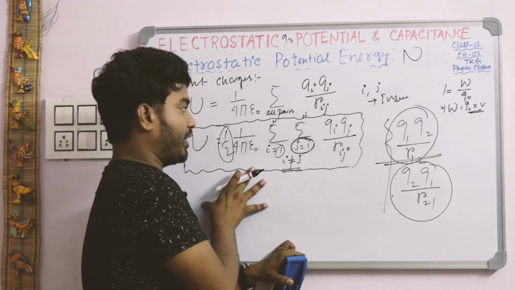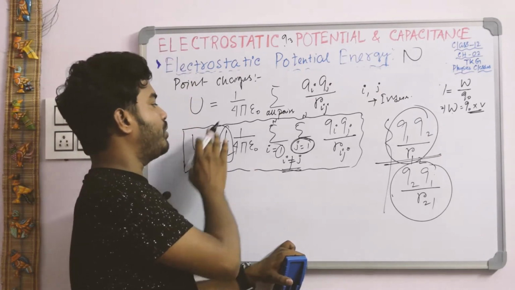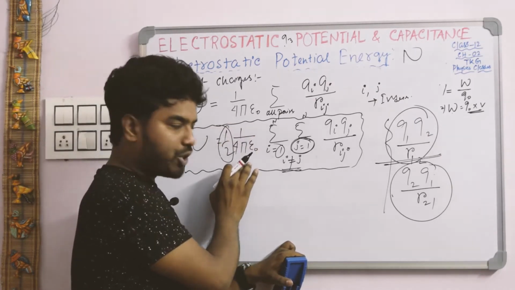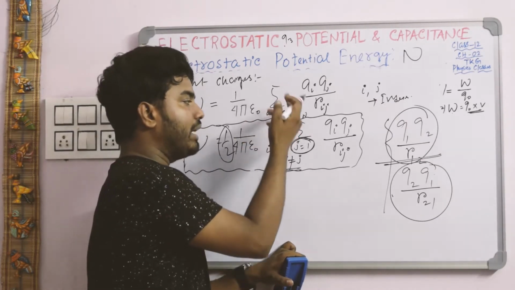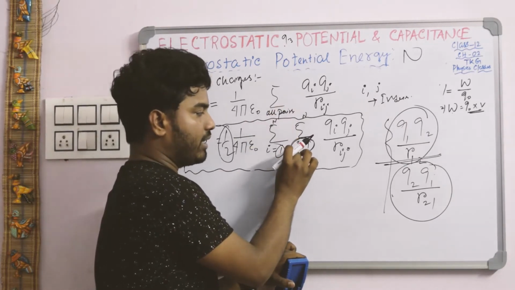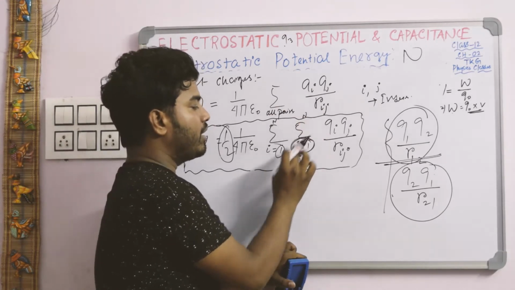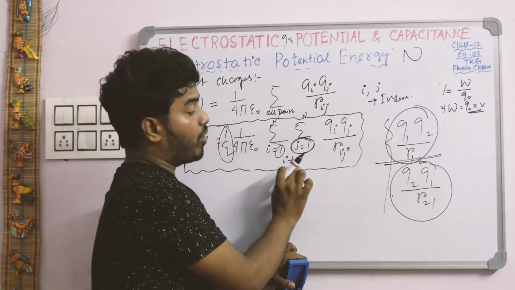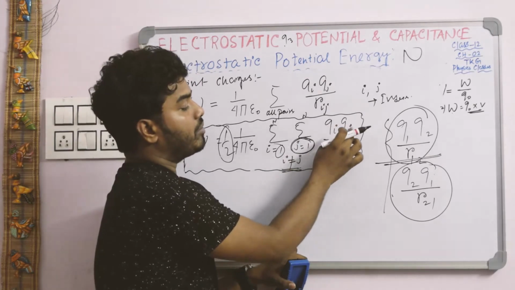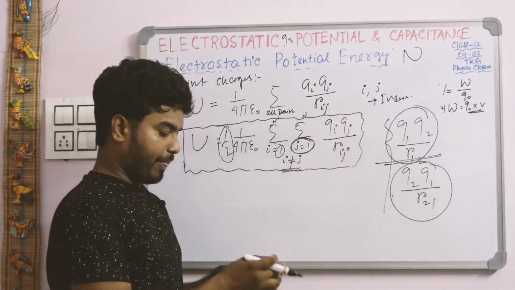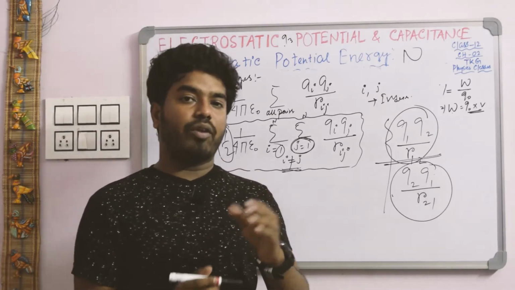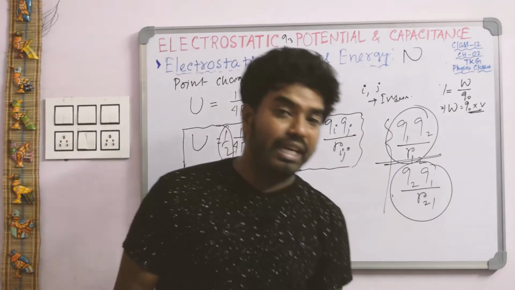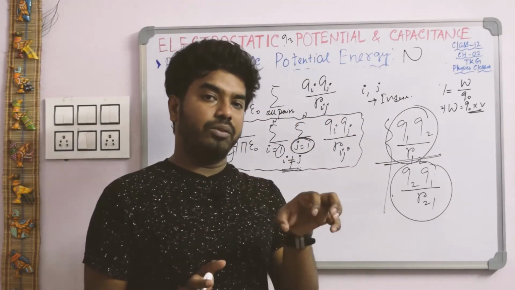So this is the expression, that is U is equal to half into 1 by 4 pi epsilon naught summation, i starting from 1 to n, and another sum index j starting from 1 to n, and there is a condition, i not equal to j, Qi Qj by Rij. Clear? So the electrostatic potential energy for a single point charge is 0.